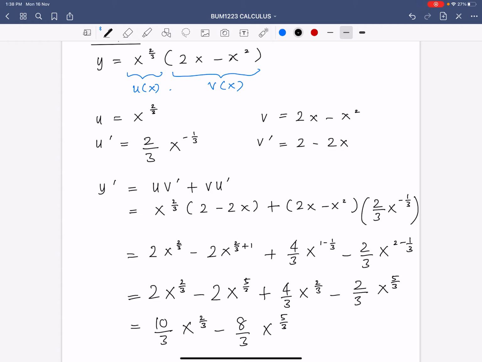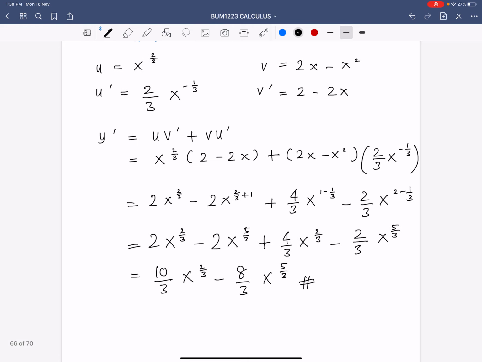Okay, you can leave your answer like this, or if you want to simplify further, you can factor out the common factor, where you can do this as 2 over 3, and then you can multiply with 5, because 5 times 2 over 3 is 10 over 3, x power of 2 over 3 minus 4 x power of 5 over 3.